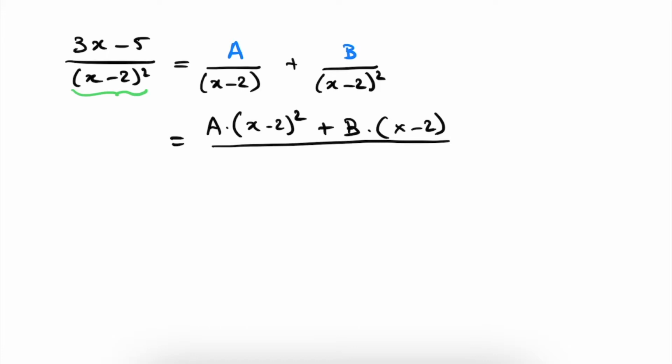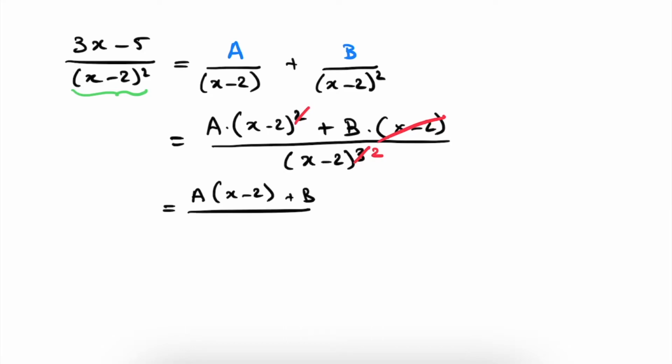Our denominator simply becomes (x minus 2) to the power of 3, the product of these two denominators. We can immediately see that we can cancel out one power of x minus 2. So we can rewrite this as A times (x minus 2) plus B, divided by (x minus 2) squared.